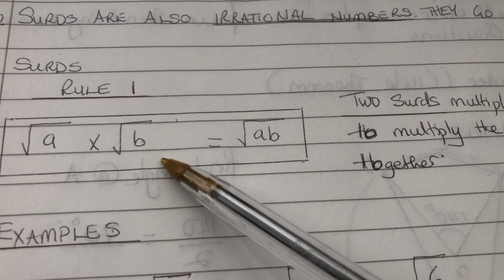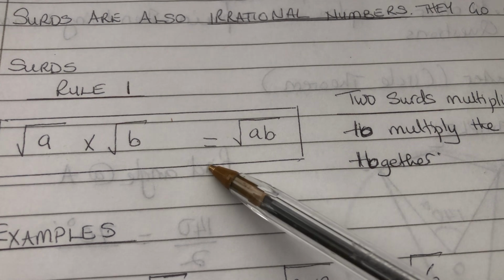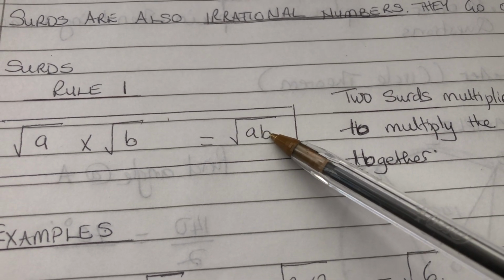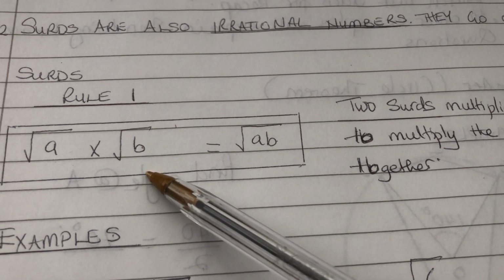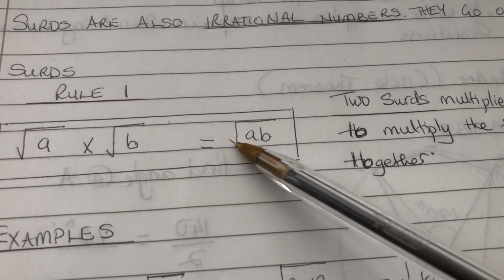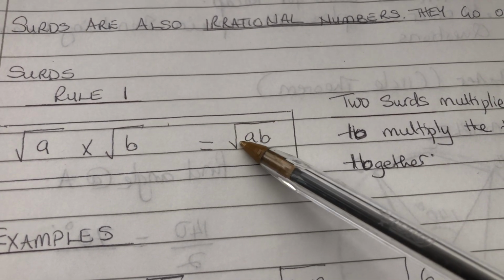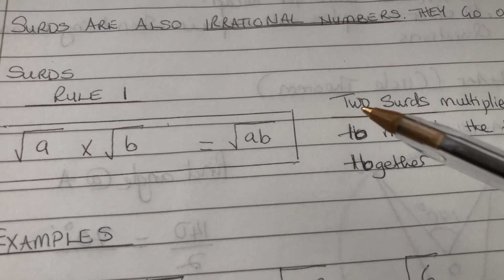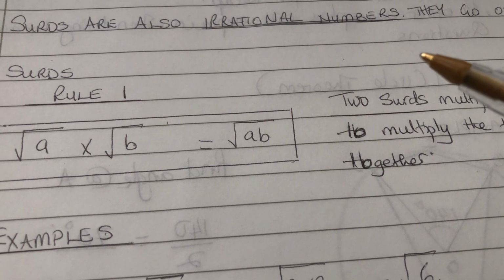So if you have root A times root B, then your answer will be root AB. So if you have root 2 times root 3, your answer will be root 2 times 3, which will be root 6. The opposite will be true.